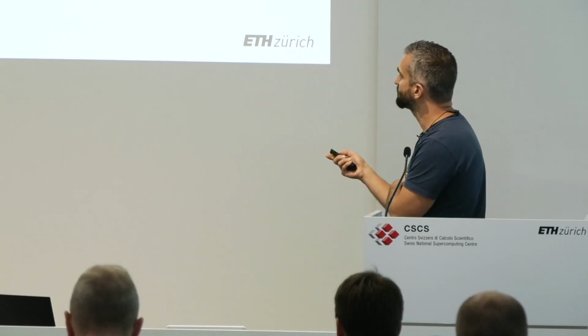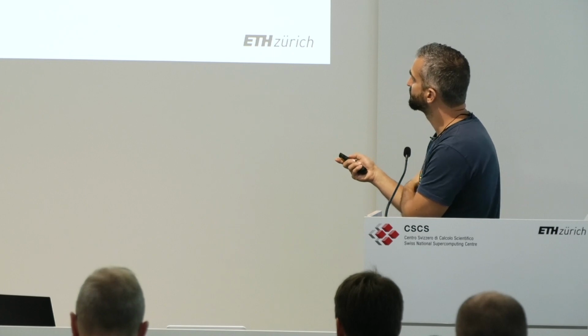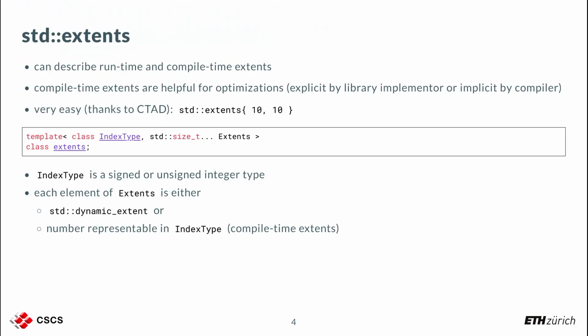Other than that, you're specifying here the extents. The extents themselves are described as non-type template arguments of size_t, and the requirement is these things could be either std::dynamic_extent or a number that is representable as index type.